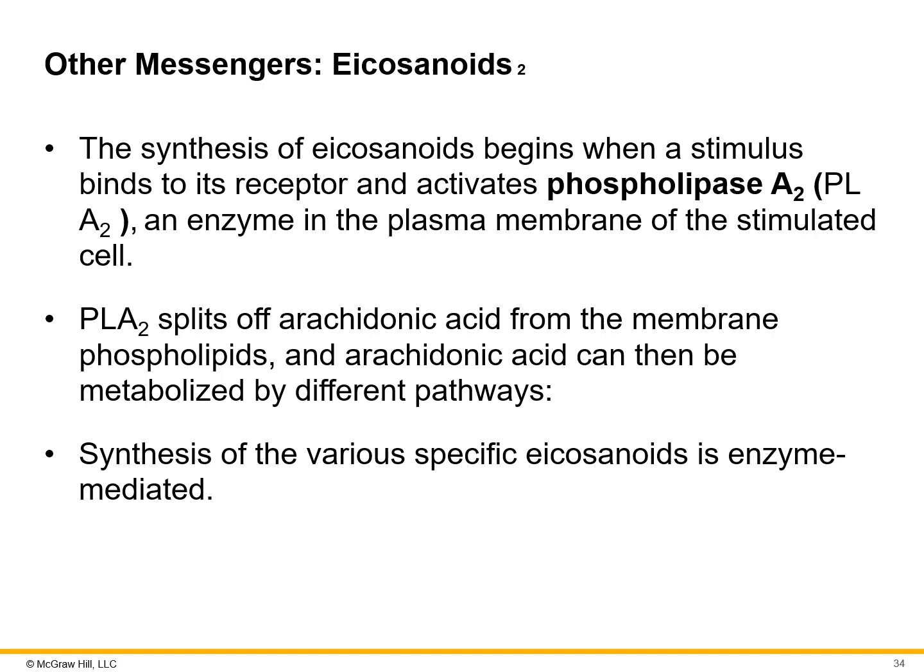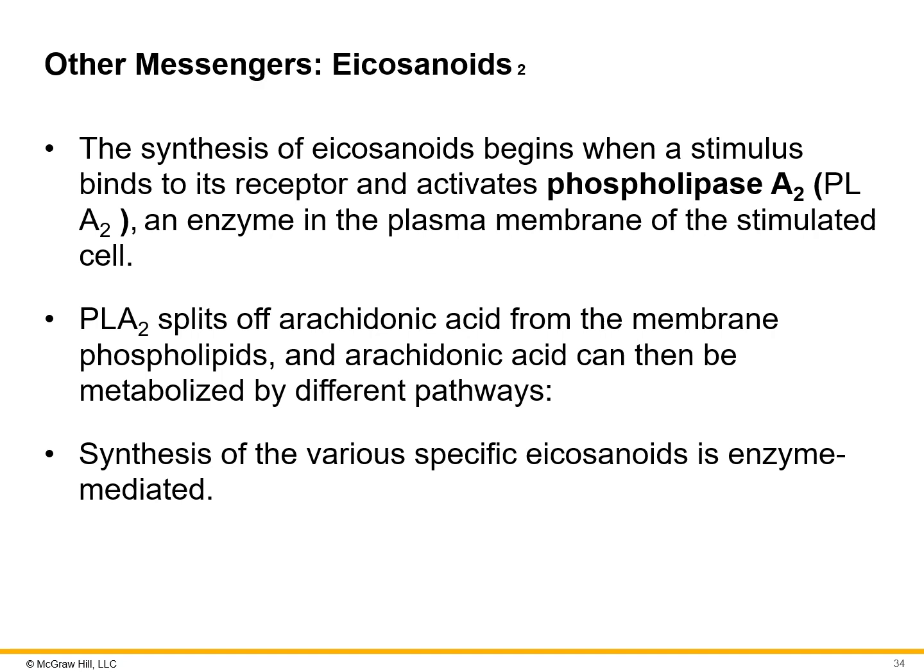So what's going to happen is we're going to have a water-soluble substance, which serves as the stimulus, bind with a receptor that will activate the PLA2 enzyme in the plasma membrane. The PLA2 splits off the icosanoid from the phospholipid in the membrane, and then it can be metabolized into different processes.